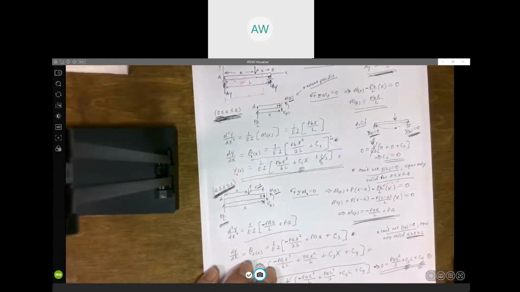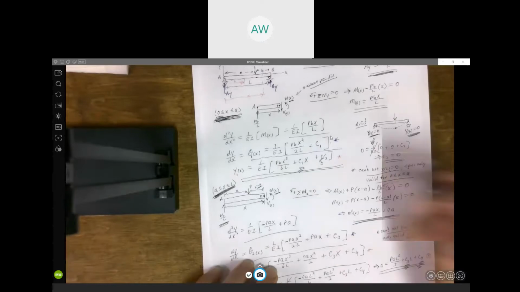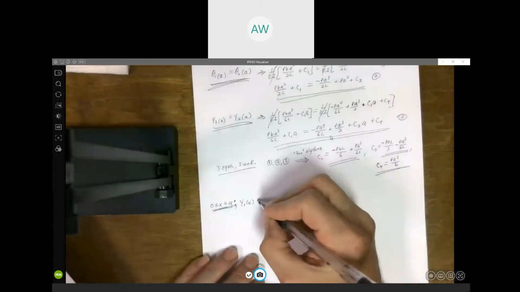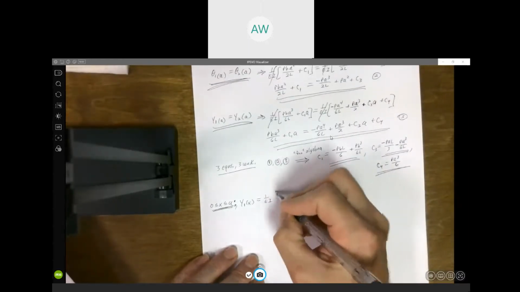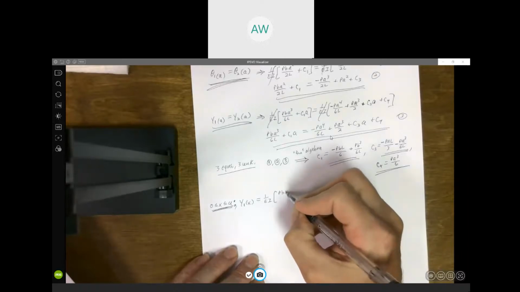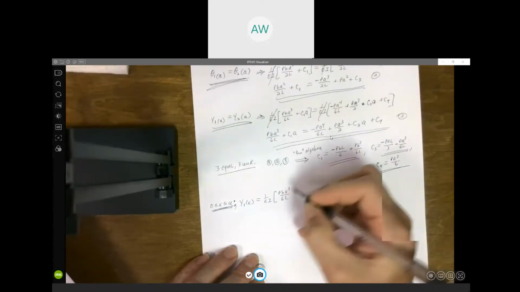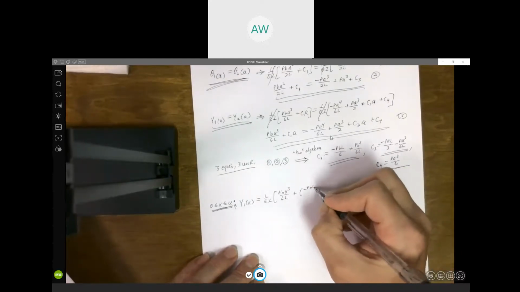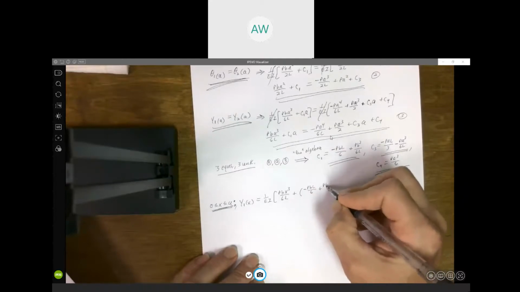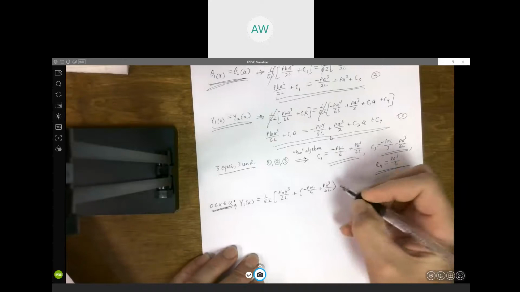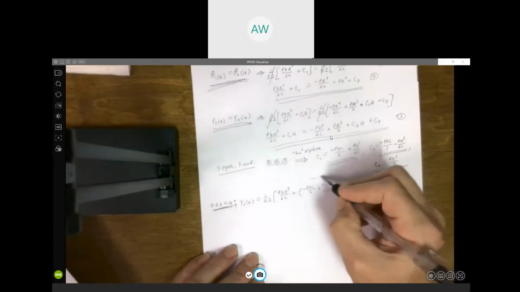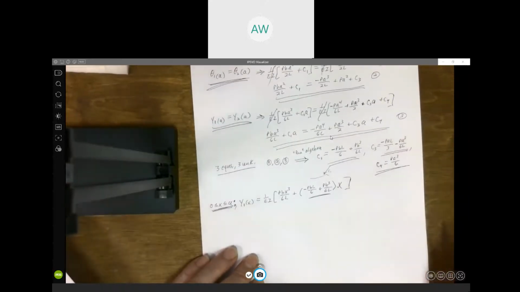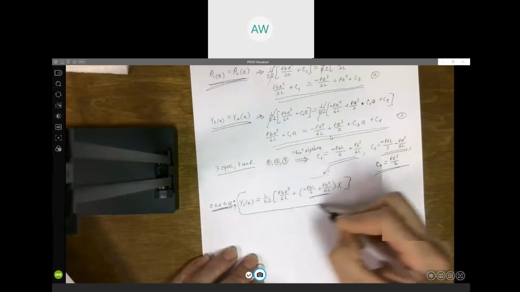We just have to plug in what we just found C1 was, and I get 1 over EI times PBX cubed over 6L, and then C1, minus PBL over 6 plus PB cubed over 6L, and that was times X. So we're taking C1, plugging in here. And that's it. That's half of our answer.